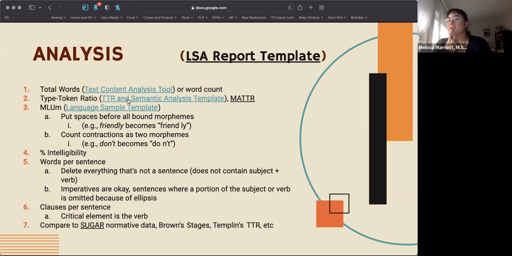The thing that I will say is that type token ratio is a little bit controversial because it can really be skewed by the breadth of the conversation or the breadth of the language sample.